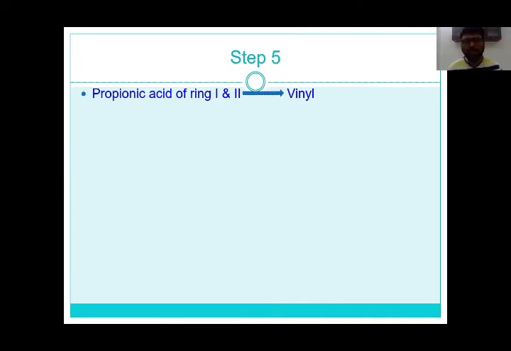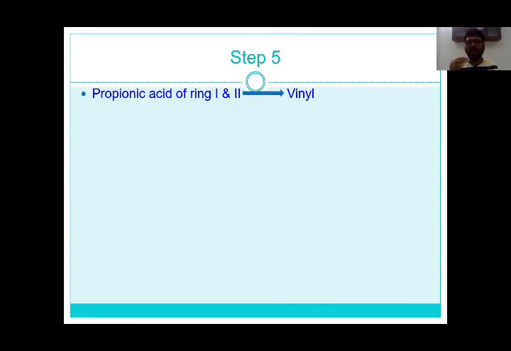How it is done: propionic acid is a saturated compound, that means with only single bonds, whereas vinyl group is an unsaturated compound, that means with double bonds. So how to convert a single bond to a double bond? By removing the hydrogen atoms from the saturated compound.